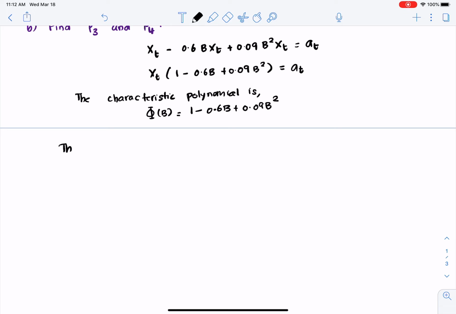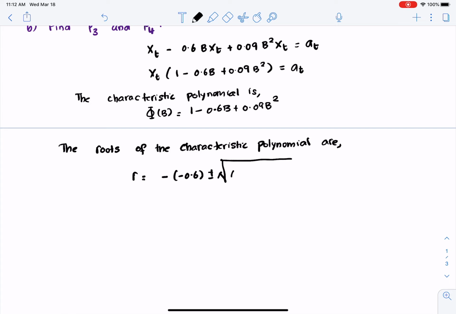So the roots of the characteristic polynomial, call it r, are minus b, so minus of minus 0.6, plus or minus square root of b squared minus 4 times a times c, divided by 2 times a.